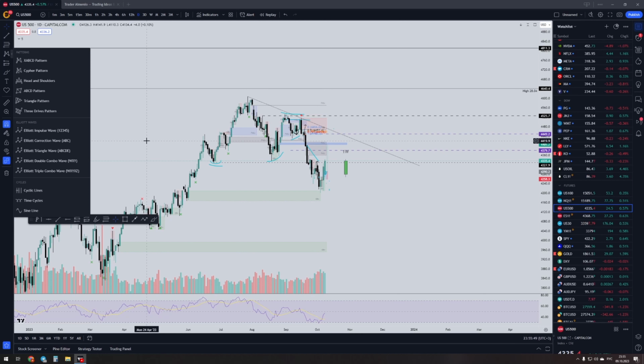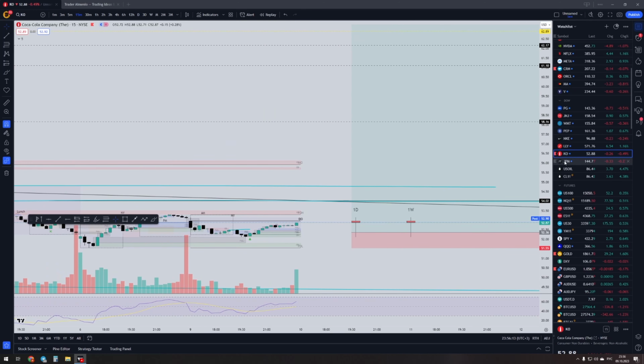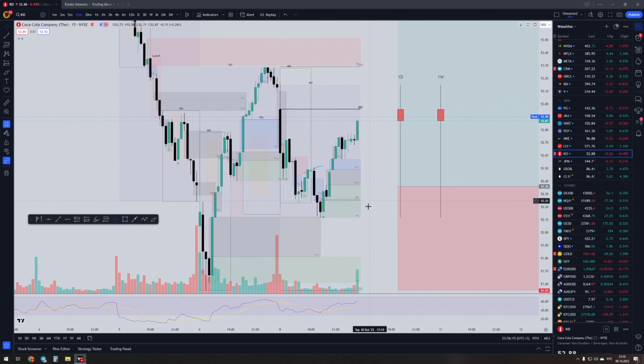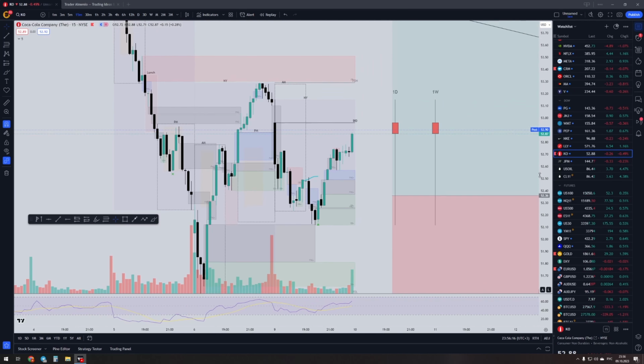What else? The long short position, I always use it to calculate the exact percent. For example, this is what I did on these Coca-Cola trades that we posted in our Discord channel. So it's easy for me to calculate how much percent my stop is.